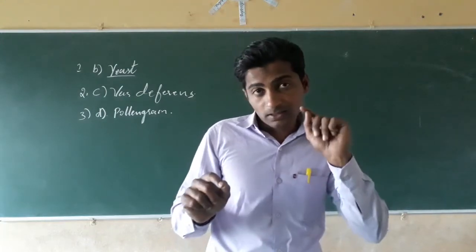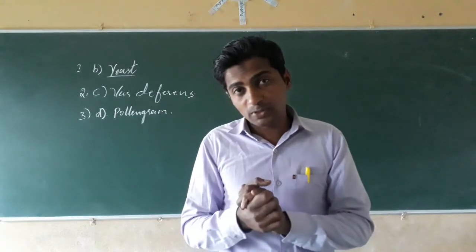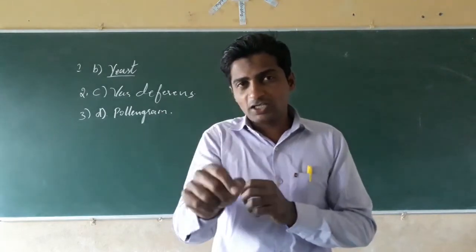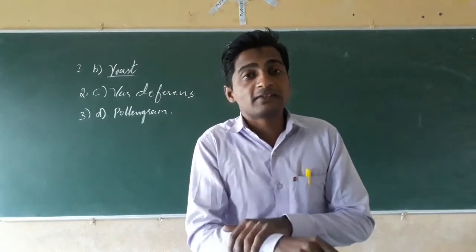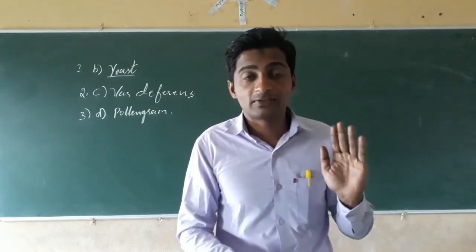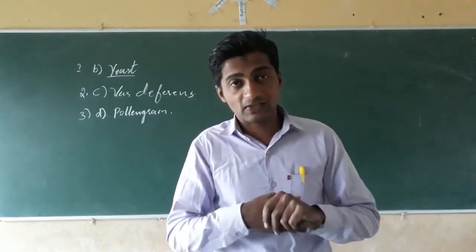If asexual reproduction occurs in the human being, what happens? First I have to tell you, asexual reproduction occurs by the body cells. Sexual reproduction occurs by the gonads or the gametes, or the sex cells.